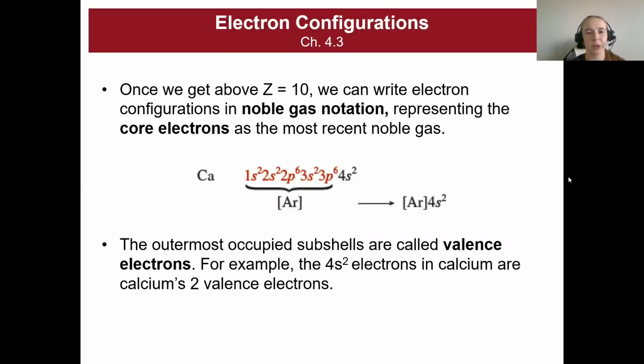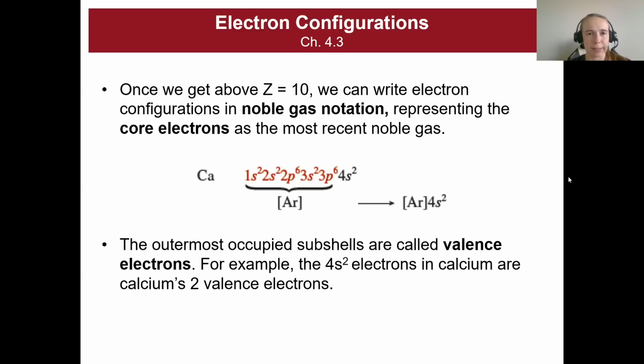Howdy class. I briefly mentioned this in the last video, and we worked with the noble gas notation a little bit in class on Friday, but here's another description of it. Once we get above Z equals 10, once we're past neon, typically most people don't write noble gas notation for helium plus atoms.